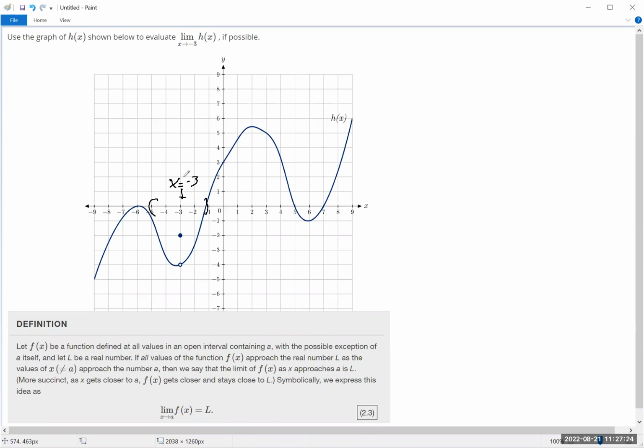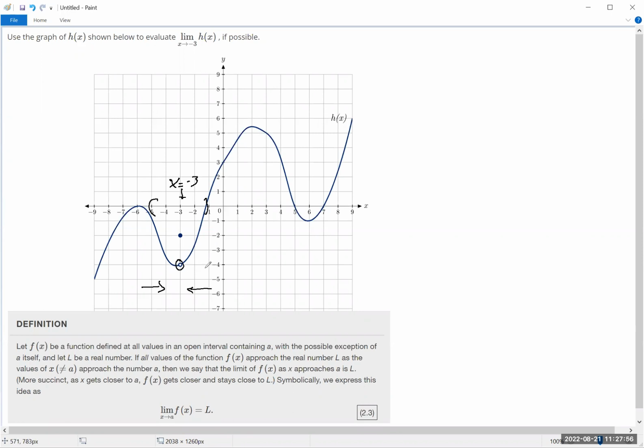It says if all the values of the function f of x approach the real number L as the values of x not equal to a approach the number a, then we say that the limit of f of x as x approaches a is L. In other words, as we move in this direction, okay, or along the curve, we're approaching -4.